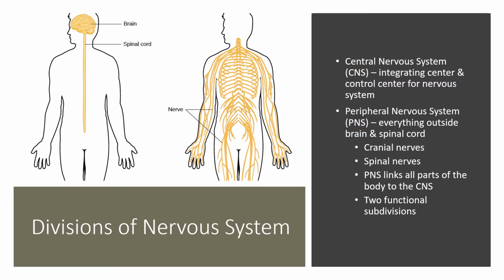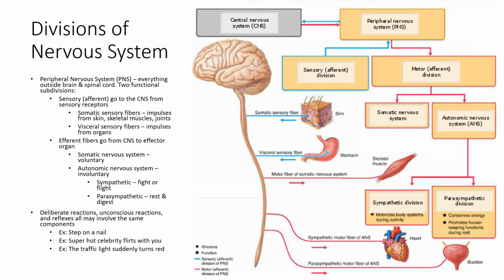There's two major functional subdivisions. The peripheral nervous system has two functional subdivisions, the sensory division and the motor division. The sensory division features afferent fibers. Afferent goes towards the central nervous system. Afferent like "at."